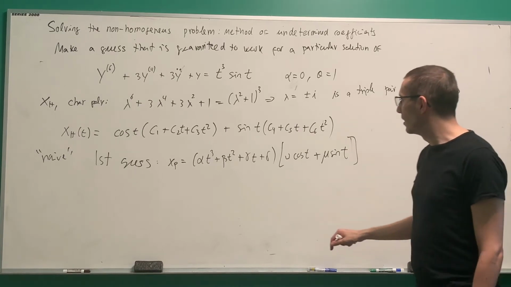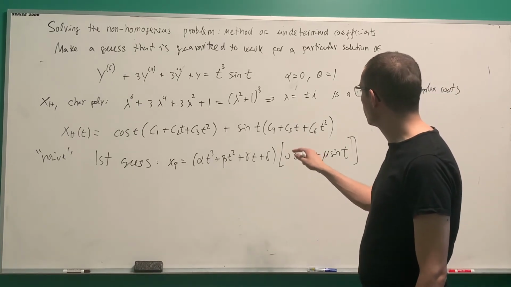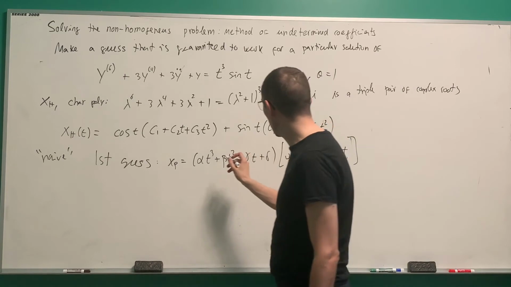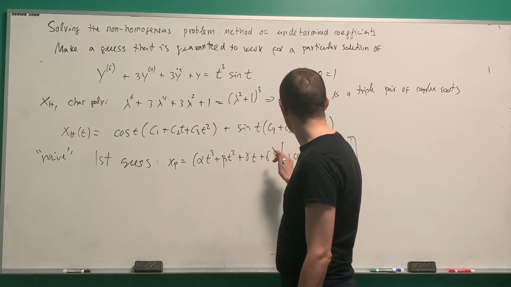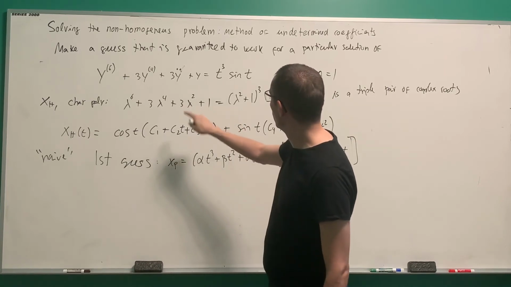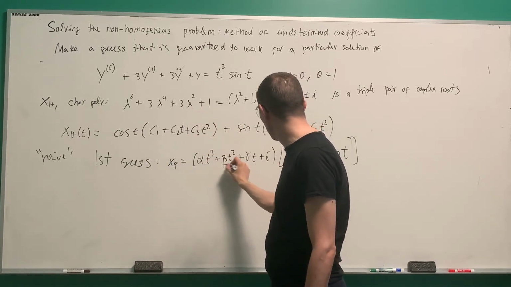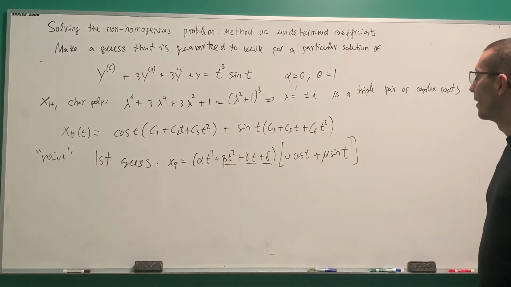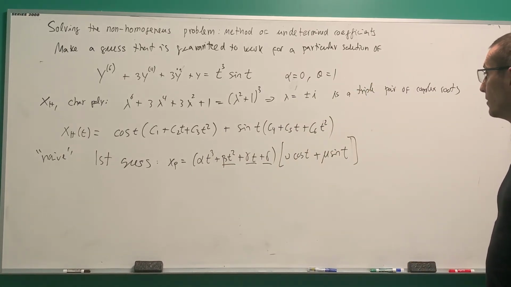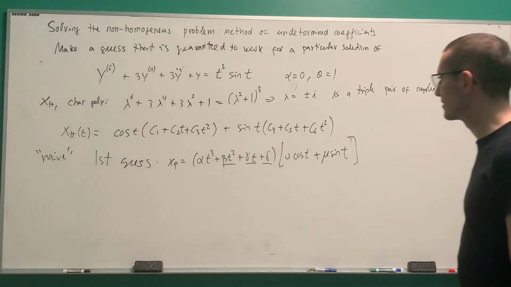In particular, we have some overlap with the solutions of the homogeneous equation right here. The solutions here have up to the square, so we have an overlap here, here, and here, multiplied by these. Well, then we need to upgrade the guess.